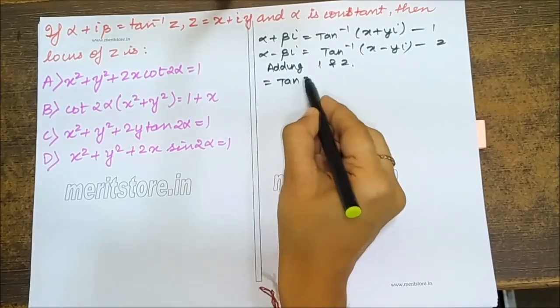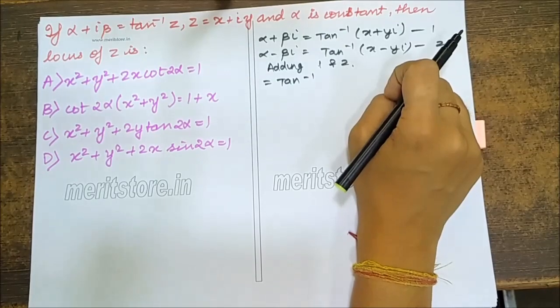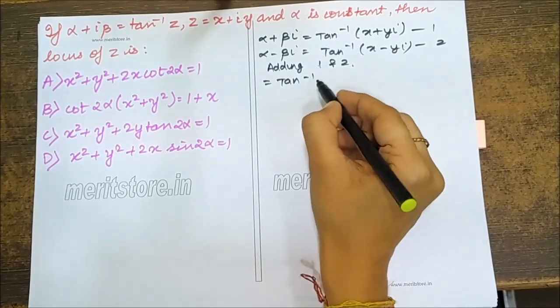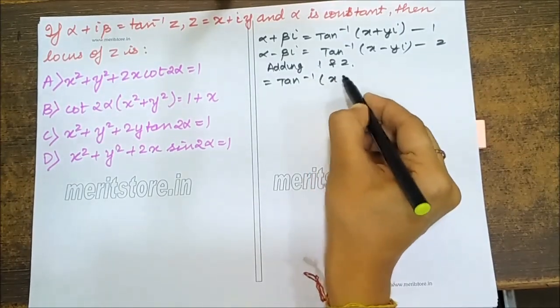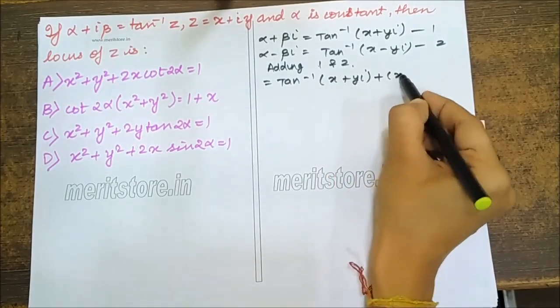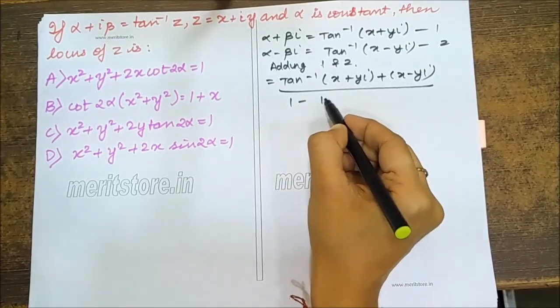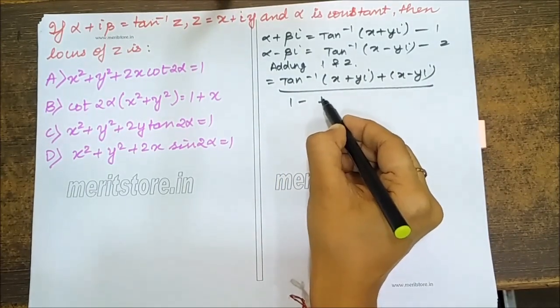So tan inverse of A plus tan inverse of B. Formula for tan inverse of A plus tan inverse of B is tan inverse of (A plus B) upon (1 minus AB).